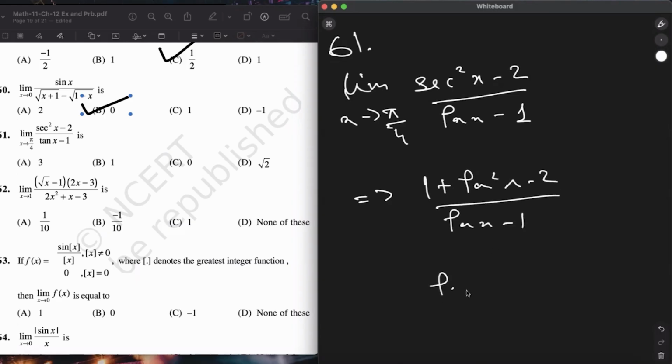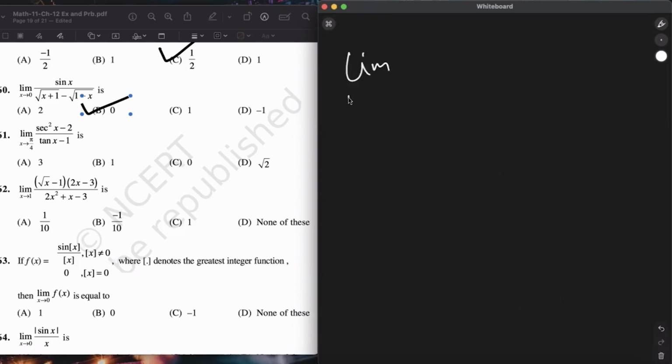So it can be written as tan square x minus 1 divided by tan x minus 1, which can be written as tan x plus 1, because tan x minus 1 and tan x minus 1 will get cancelled out. And the limit was x tending to pi by 4, and here I'm left with tan x plus 1. So 1 plus 1, 2.